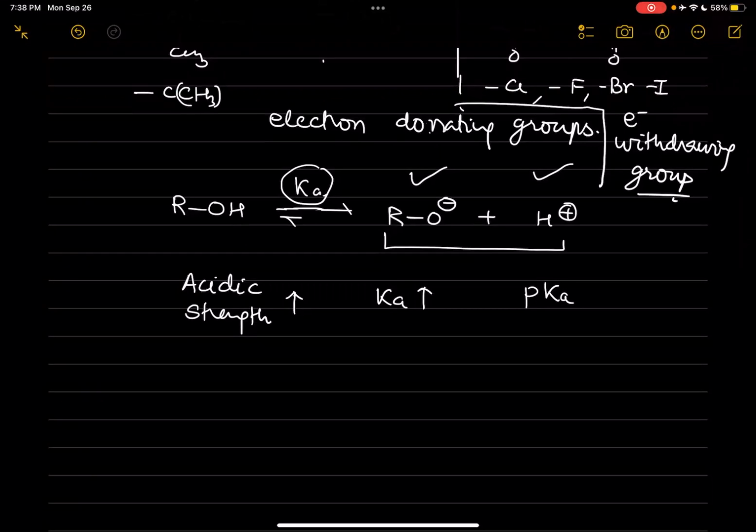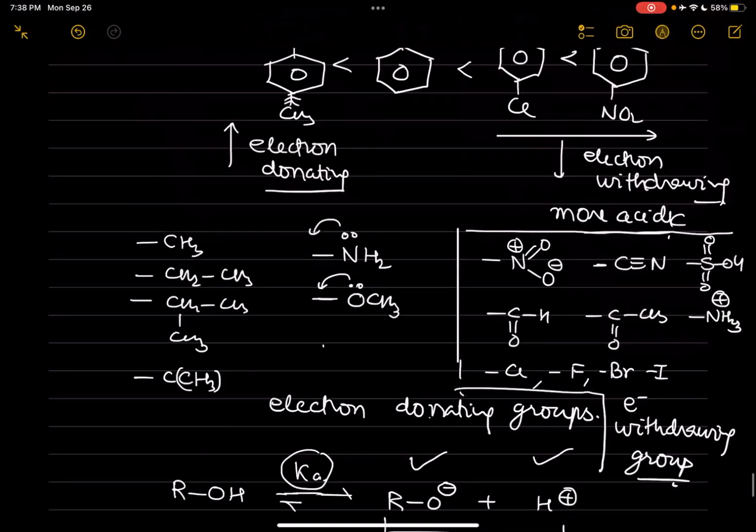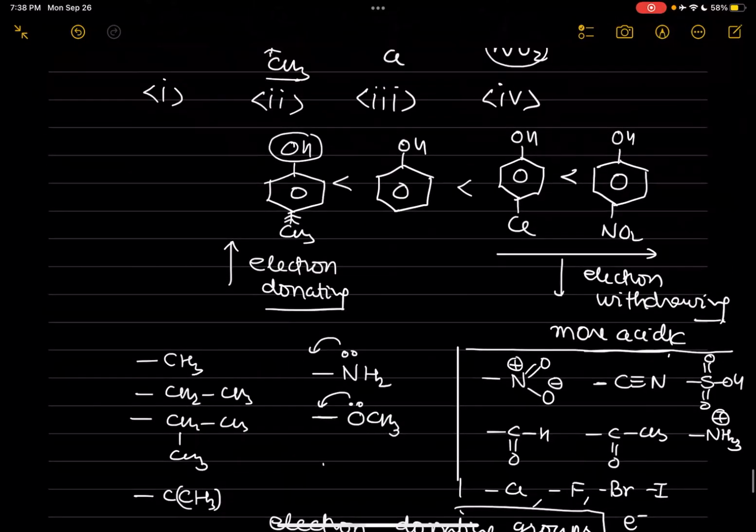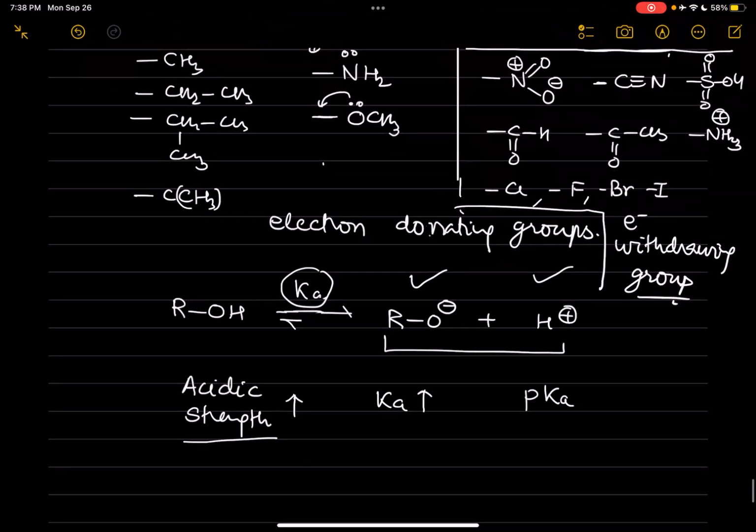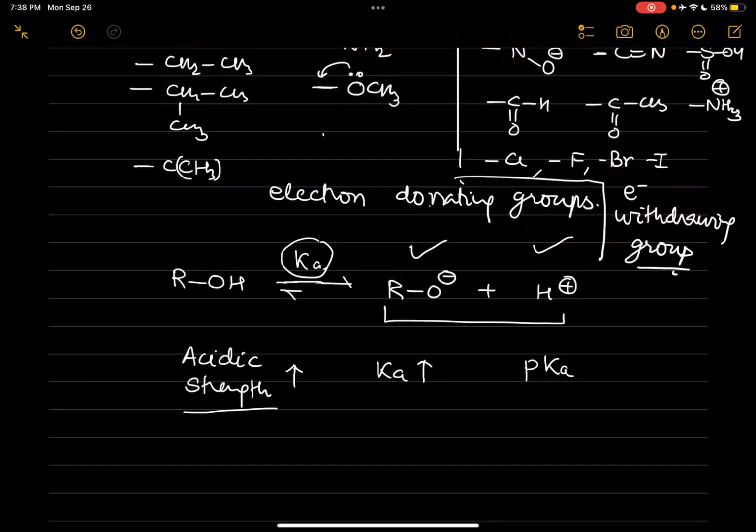Why am I telling this? Because sometimes they ask acidic strength directly, the way I asked you, and sometimes they will ask you to compare the Ka. Ka is the equilibrium constant for the dissociation of alcohols. So if the alcohols are more acidic, they dissociate more and have more H plus ion concentration, so Ka is going to be more.